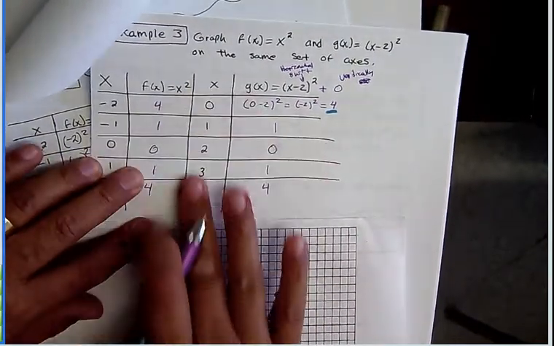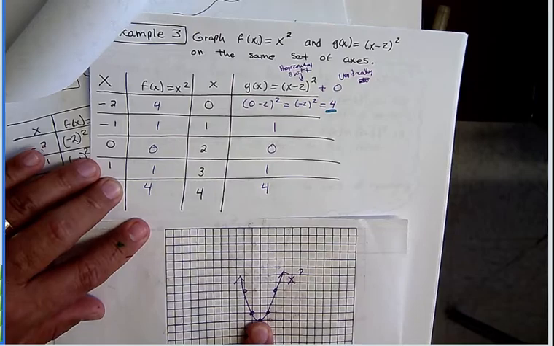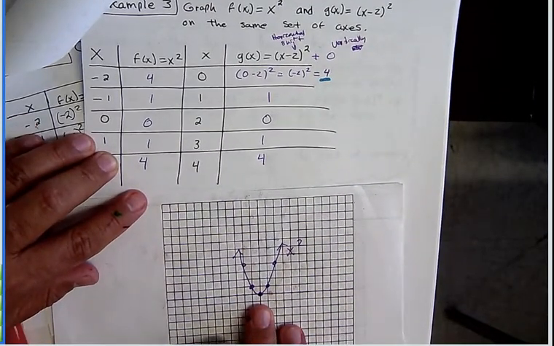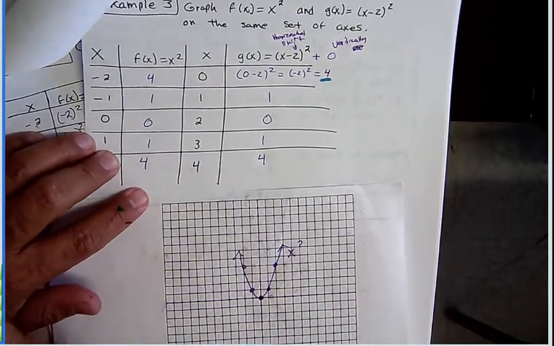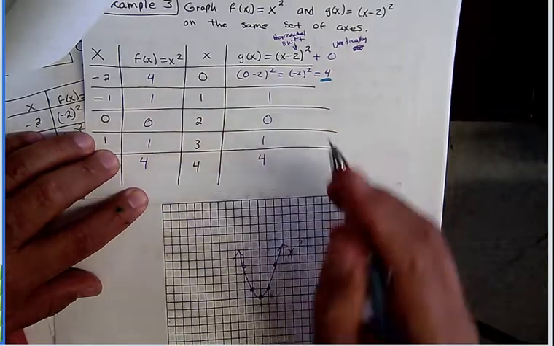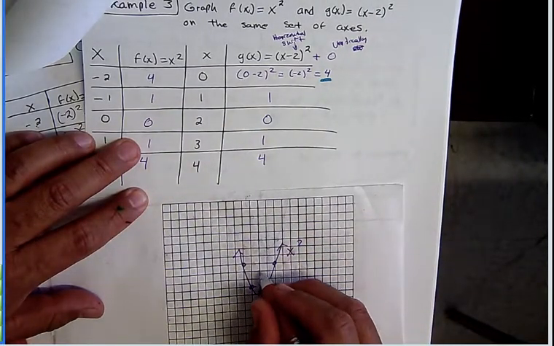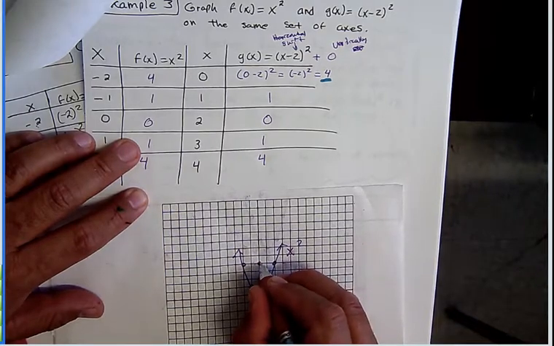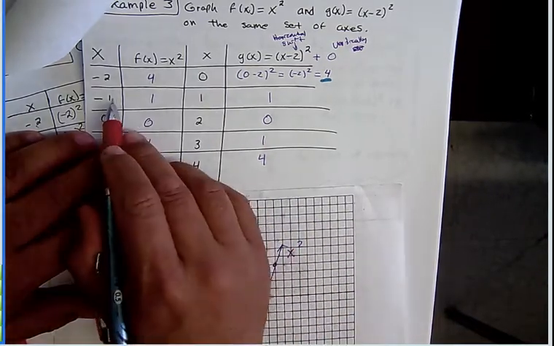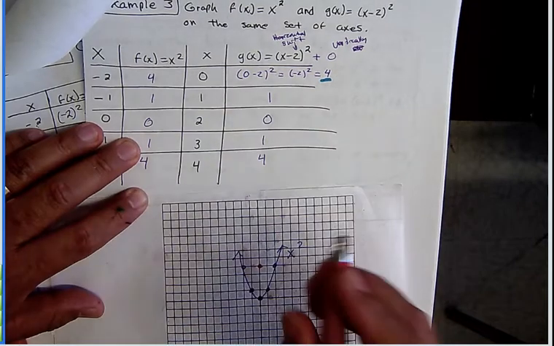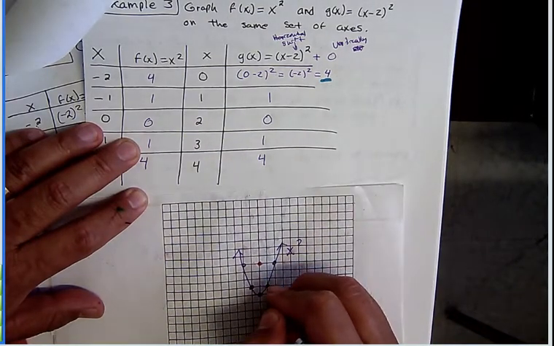So we already graphed this one. Now let's graph this one. So 0, 4. 1, 2, 3, 4. And then 1, 1. Positive 1.